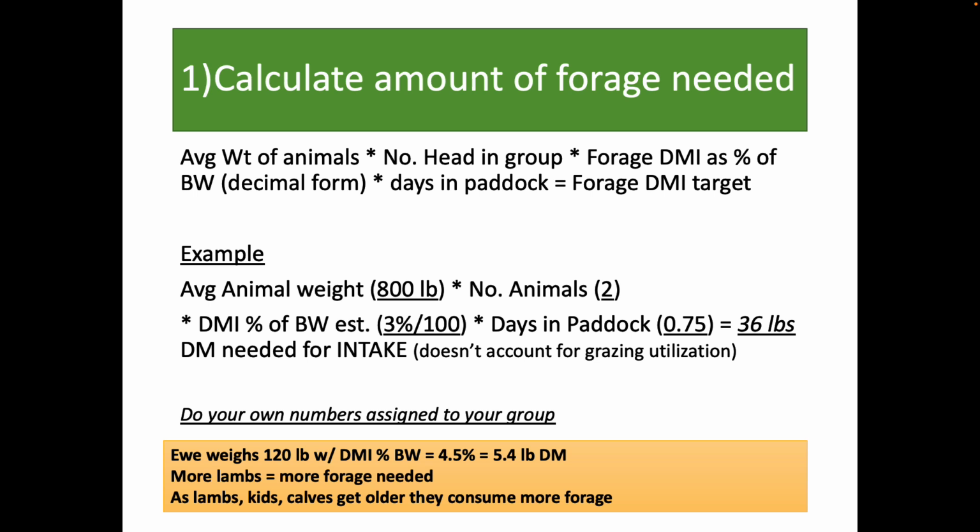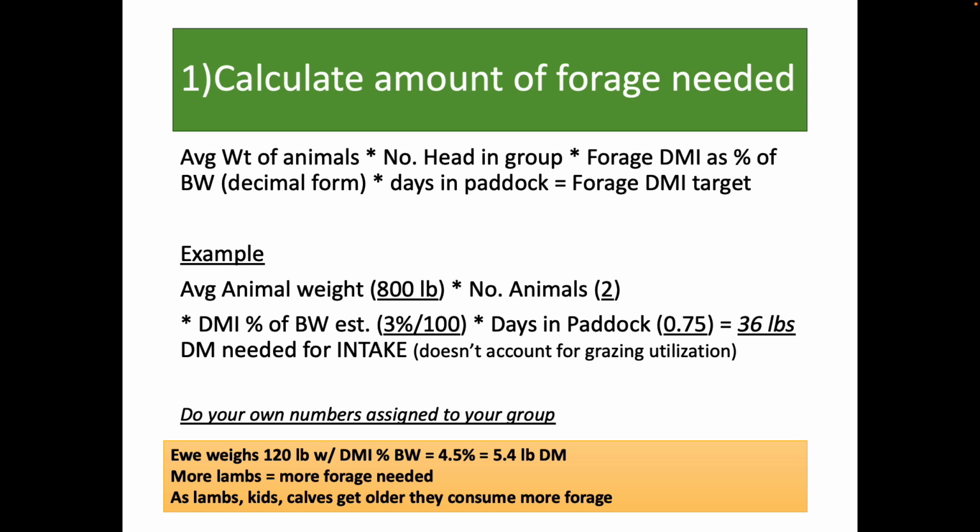If I was at home and could only move the cattle on Saturday, then my grazing days would be 7, because I'd move them every week. Does that make sense? So here we're doing 3/4, 0.75.